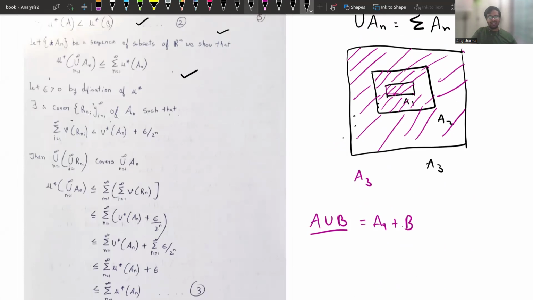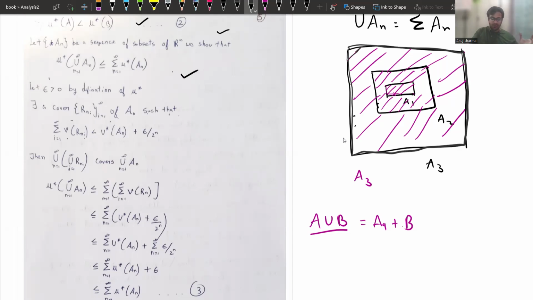Suppose there is one cover that is placed on each of these rectangles.